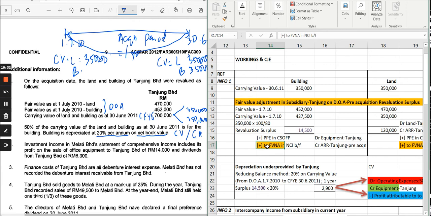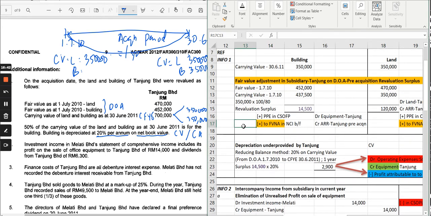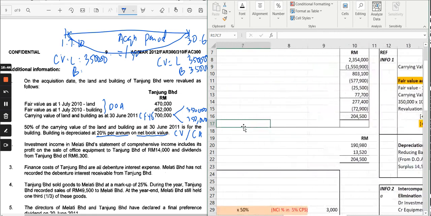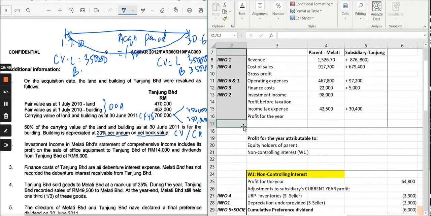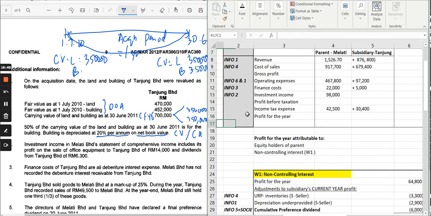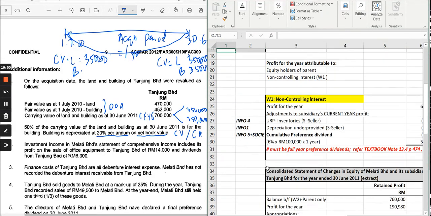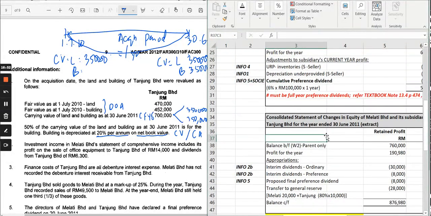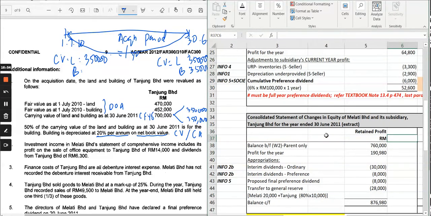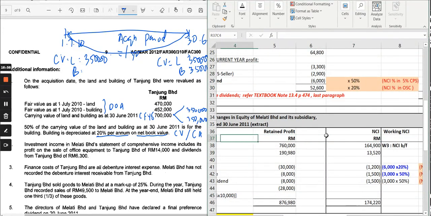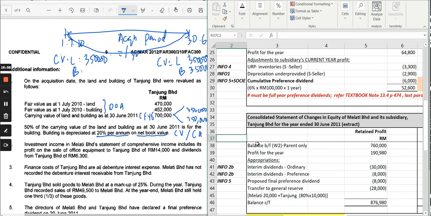By now, you should have known that when you prepare the consolidated statement of changes in equity, you are going to prepare the workings for group retained profit brought forward. I'm talking about this part here. Let me just show you. This section here. So you need to prepare working 2. Working 2 is on the group retained profit, right?